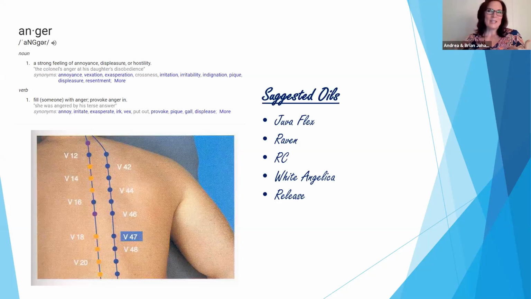And then you were talking, when we were talking about the 5 elements and the location of the body, with anger being associated with the lungs. Yeah. And why then it would be great to use essential oils that are supportive of upper respiratory health, as one of the suggested oils to use on that acupoint.